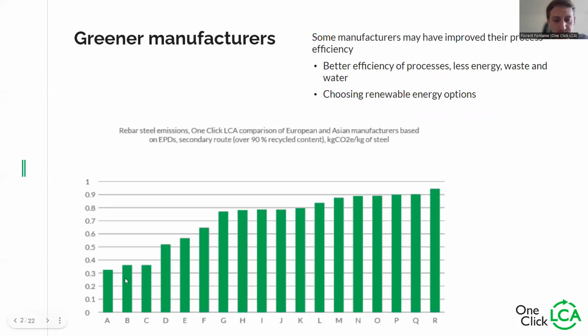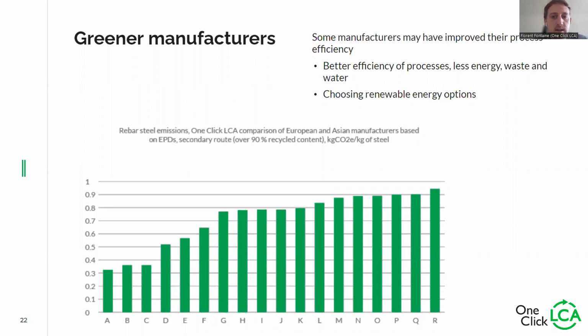They are anonymous, but you can see that there are very different carbon emissions associated with the production of 1 kilogram of steel. It can vary between 0.3 to almost 1 kilogram CO2 equivalent. So it's always important to look for better efficiency or processes which require less energy, less waste, and less water, and also choosing renewable energy options.